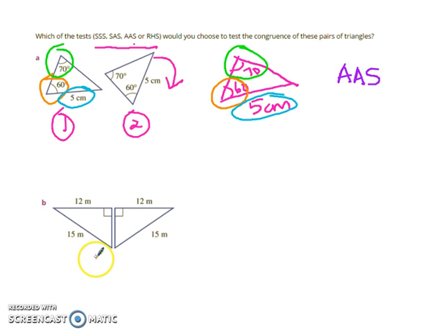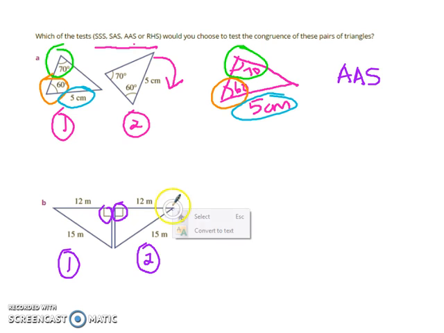This one, part B, the clue here is this right angle. So both triangles have got a right angle. You need to reorient one of the triangles so that they are in the same position. So if I call this one triangle 1 and this one triangle 2, then I'm going to spin triangle 2 around so it matches triangle 1. So I'm going to pick this corner up and fold it over the other way.